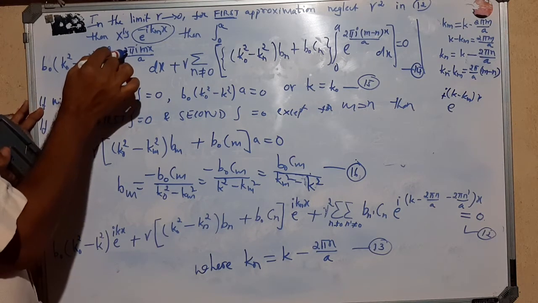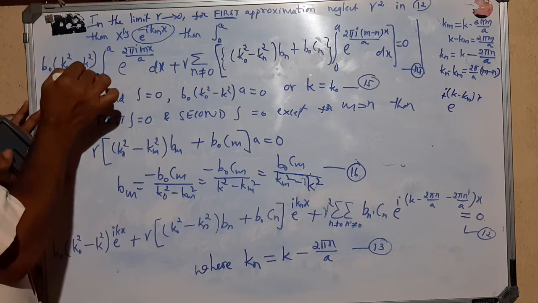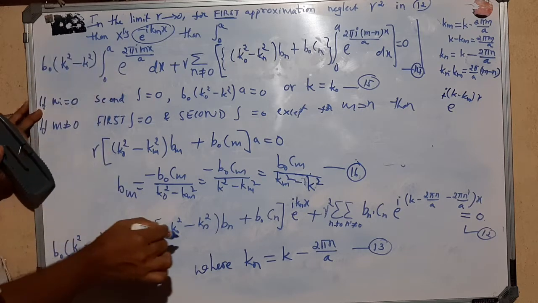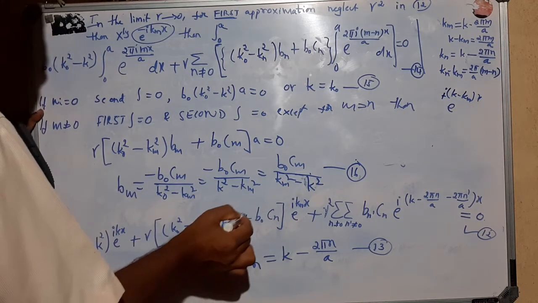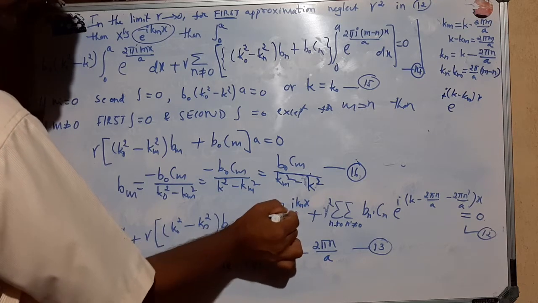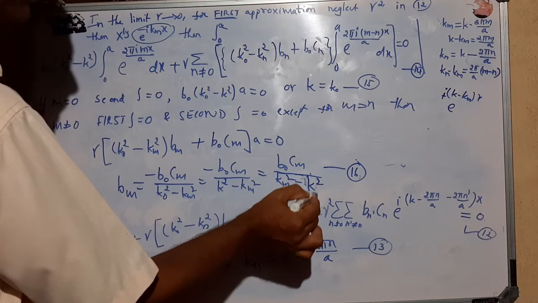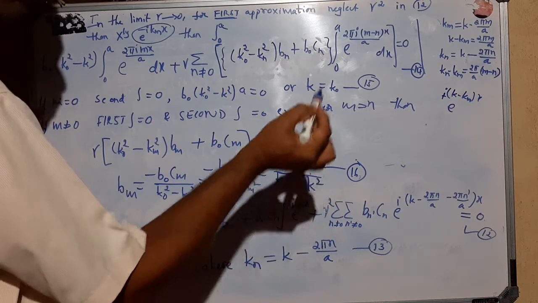So e to the power minus 2 pi imx by a into dx, integration 0 to a. Then you multiply e to the power minus ikmx to the next term. Here what you are getting when you multiply? e to the power i(kn minus km)x.